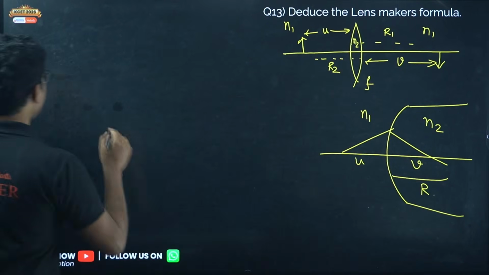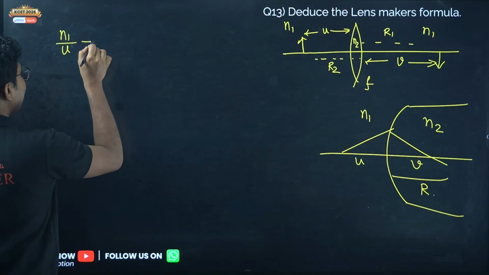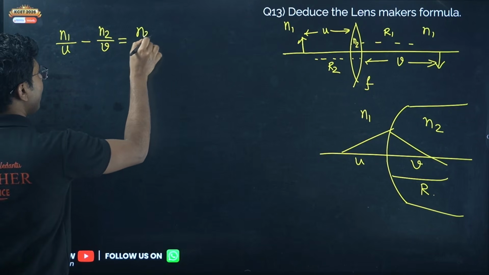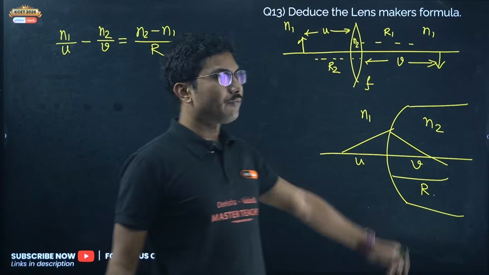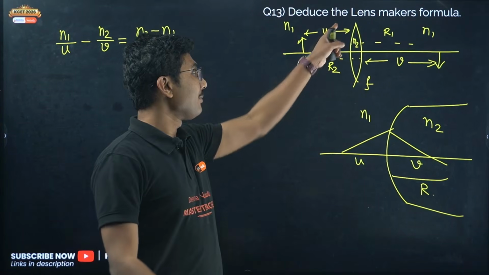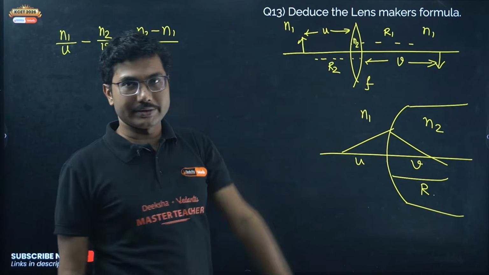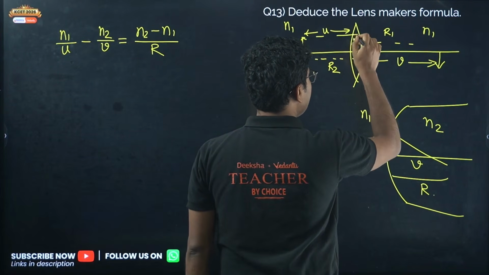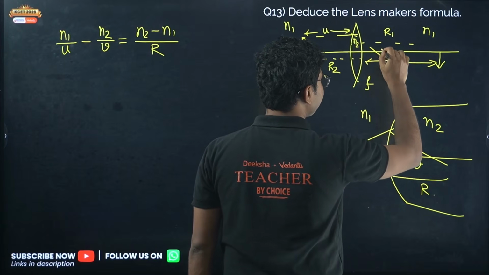Then we know that n1/u − n2/v = (n2 − n1)/r. So this is the general formula for refraction at a spherical surface. Now the main thing here is, we have two spherical surfaces. One is curved like this, another one is curved like this. So when the object is seen through the first surface only, it will form an intermediate image, say somewhere here.